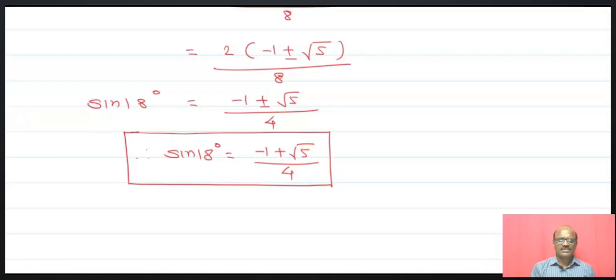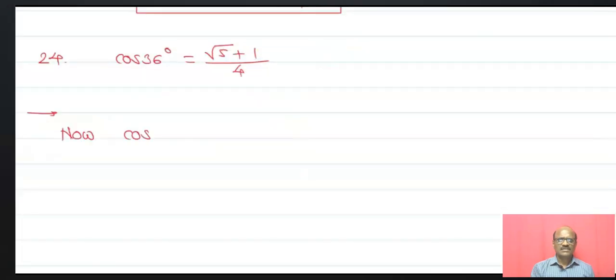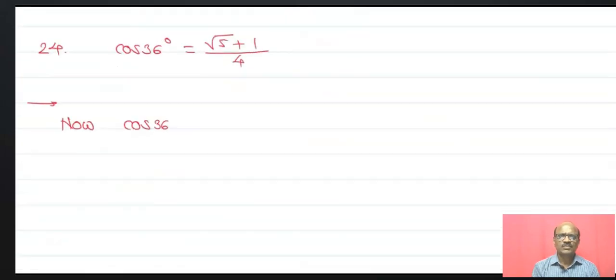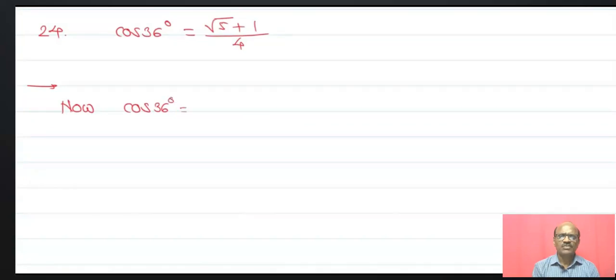Now next, see this here. I had changed that. That is the cos of 36 degree is equal to root of 5 plus 1 upon 4.